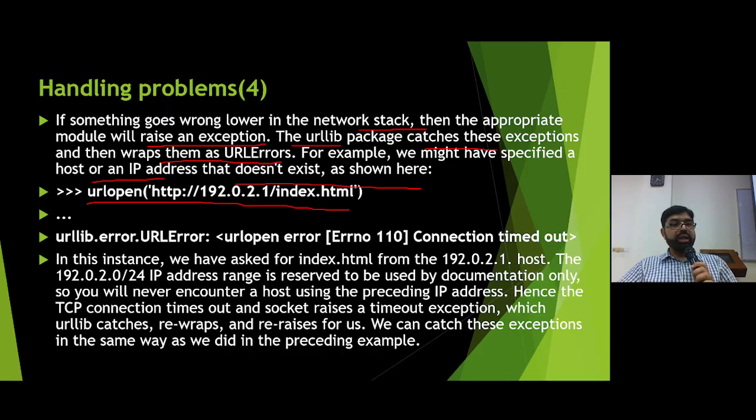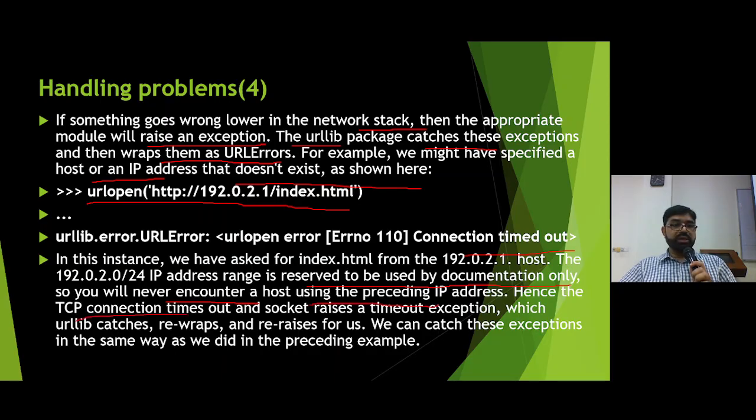So urllib.error.URLError will respond with something like connection timeout. In this instance, we have asked for an index.html from the 192.0.2.1 host. This IP address range is reserved for documentation only, so we will never encounter a host using the preceding IP address.